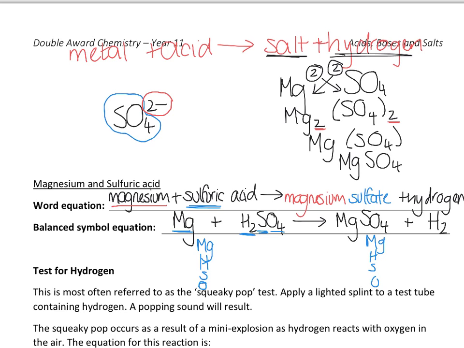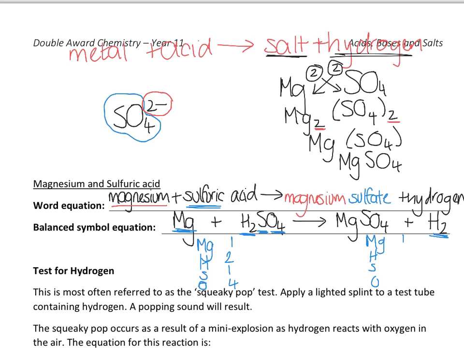So now time to count up the elements on the left-hand side. I've got 1 magnesium. I've got H2, so that's 2 hydrogens, just 1 sulfur, and then I have O4, which means 4 oxygens. Then on the right-hand side, I have just 1 Mg, so that's 1.